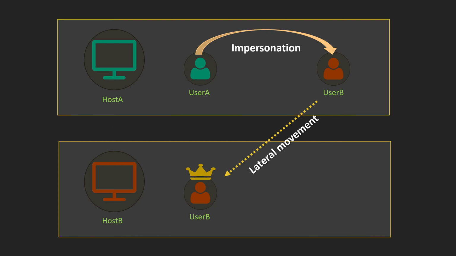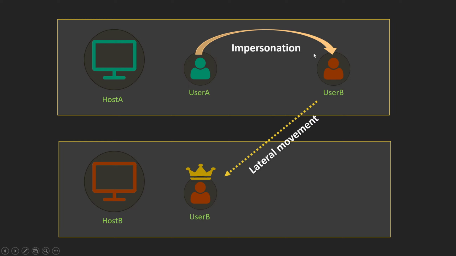So more or less the picture of the presentation is something like this. Let's suppose we have compromised user A on host A. In this presentation, we will understand techniques to impersonate user B. Let's say we have found credentials for user B somewhere.